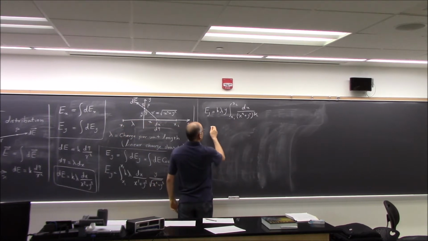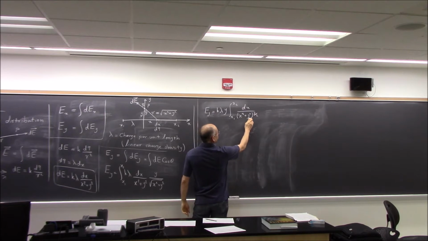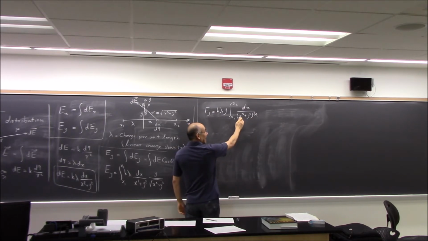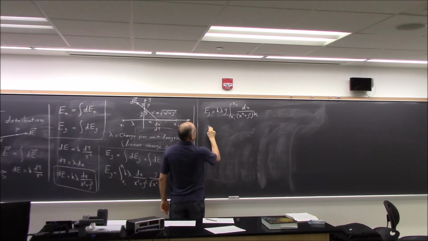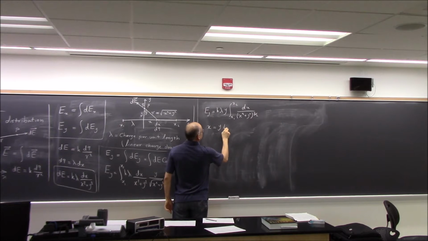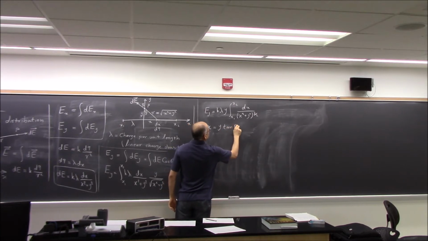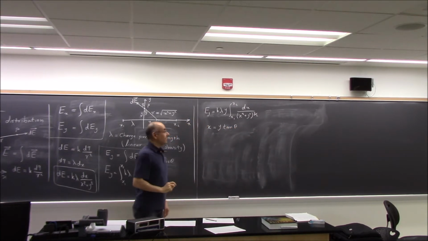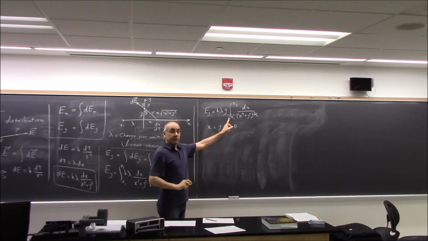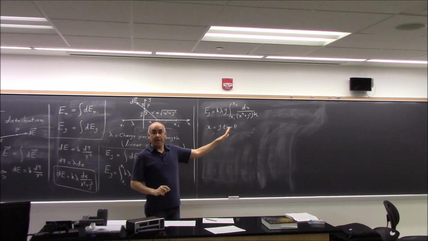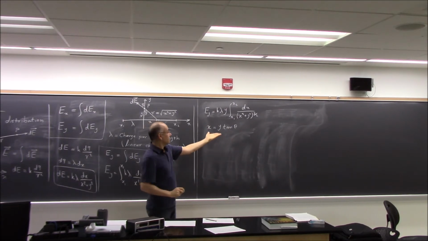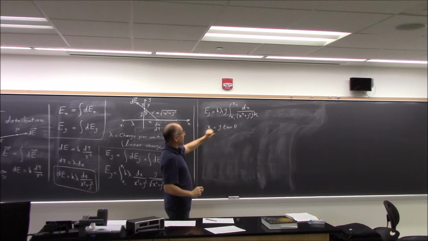So we take x equal to y tan theta, so that x squared becomes y squared tan squared, and plus y squared can be factored, and we get tan squared plus 1 becomes secant squared. This is why you take this.